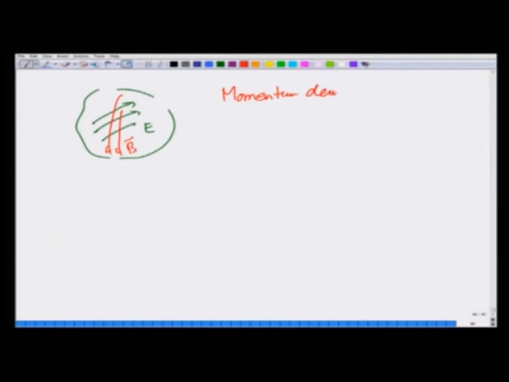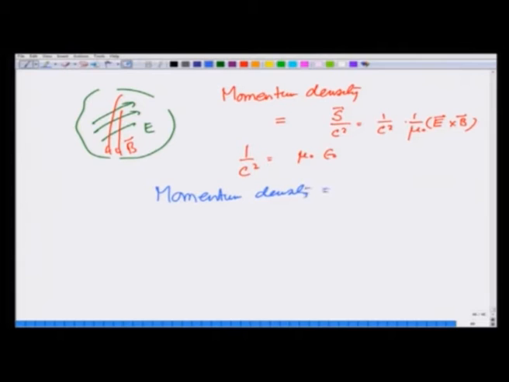So, momentum density per unit volume is going to be S over c square, equal to 1 over c square times 1 over mu 0 E cross B. Since 1 over c square is mu 0 epsilon 0, the momentum density can also be written as epsilon 0 E cross B.